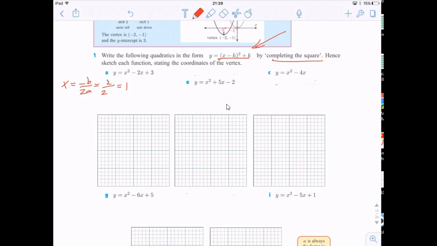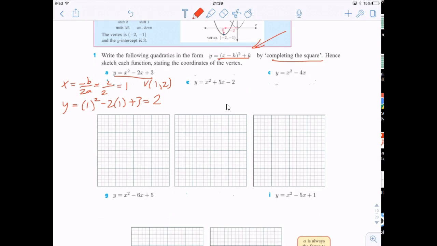The x-coordinate is 1. The y-coordinate we can find by plugging the 1 into this equation for x. So y equals 1 squared minus 2 times 1 plus 3, which is 1 minus 2 is negative 1, plus 3 is 2. So the vertex is (1, 2), right?